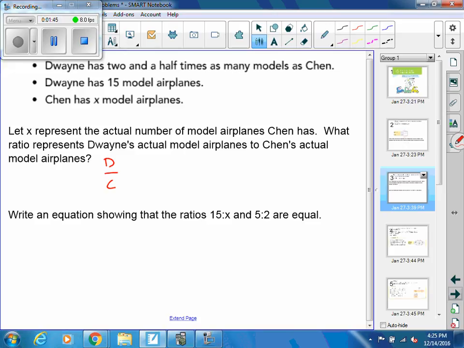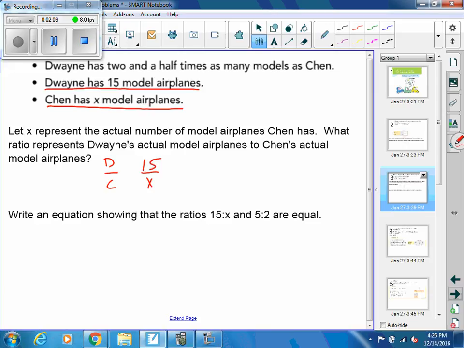We know that Dwayne has 15, because it tells us right here that Dwayne has 15 model airplanes. And all it tells us about Chen is that he has X model airplanes. So 15 over X would be my ratio for Dwayne's actual model airplanes to Chen's actual model airplanes.